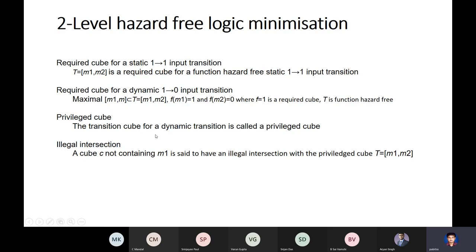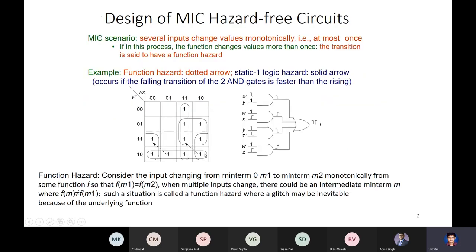So let me come to the example later. Let's say this is a privileged cube, and this is one of the realization cubes, which is one of the AND gates. Some of the realization cubes are illegal in the sense that they intersect with the privileged cube but do not include the starting minterm.